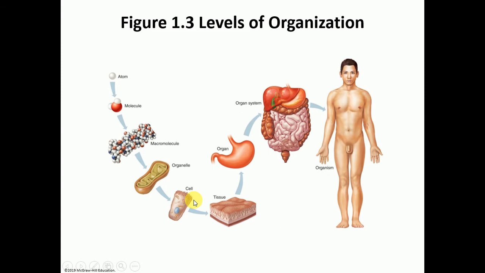Different cells have different structures. We have, for example, nervous cells, blood cells, muscle cells, and so on. These different cells have different structures, and hence they also have different functions. But if you put different kinds of cells and bind them together, you can get tissue. A tissue is something that has a specific function.